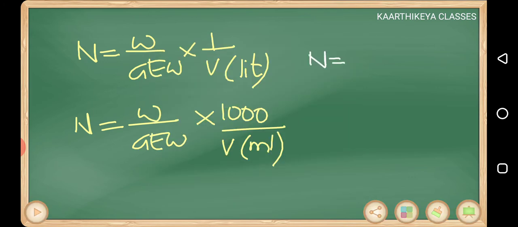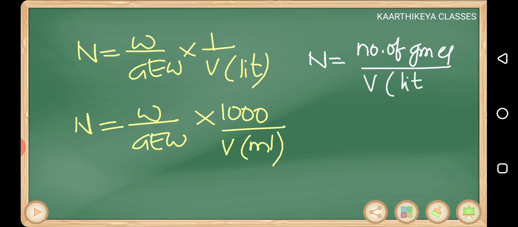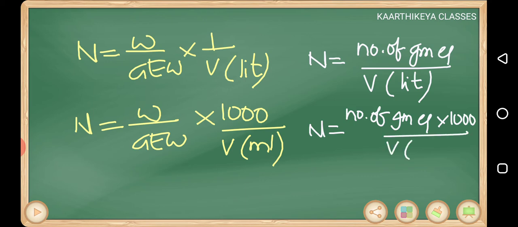Normality is equal to the number of gram equivalents by volume in liters, or normality is equal to the number of gram equivalents into 1000 by V if it is in milliliters. Remember some other terms also, millimoles and milliequivalents. 1 mole is equal to 1000 millimoles. 1 equivalent is equal to 1000 milliequivalents. Okay, these are the basic formulae for normality.